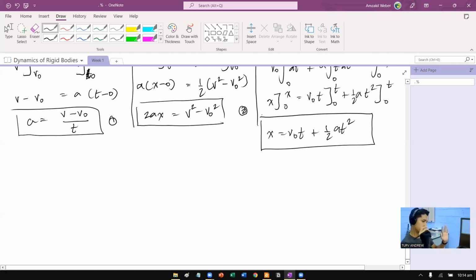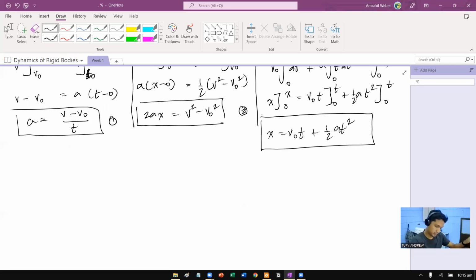Okay, so we have derived the three equations for case 2, which is uniformly accelerated motion. And if you notice, there is always an a for each of the three. If we equate a to 0, this would automatically result in case 1, and we can prove it mathematically.